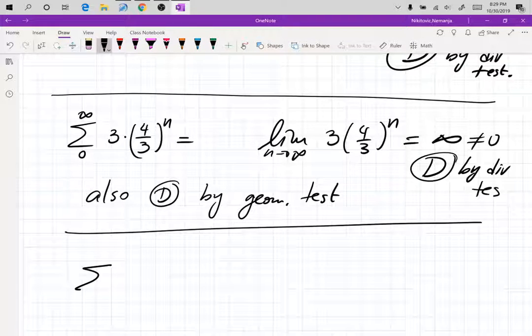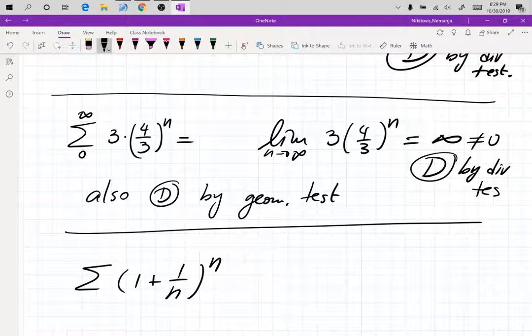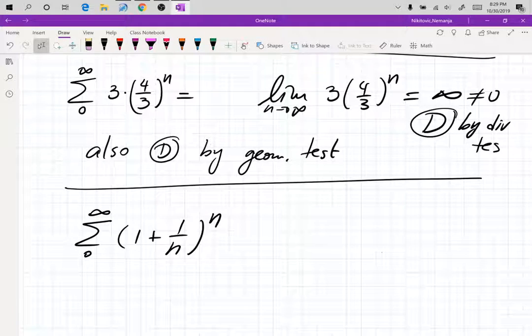Summation of (1 plus 1 over n) to the n going from 0 to infinity. We have to check, right?